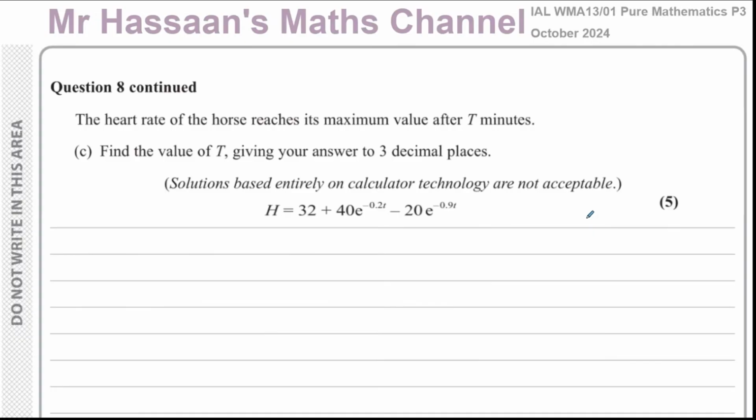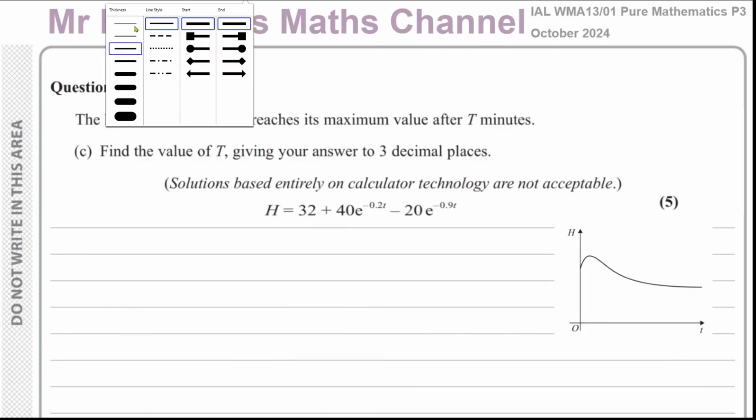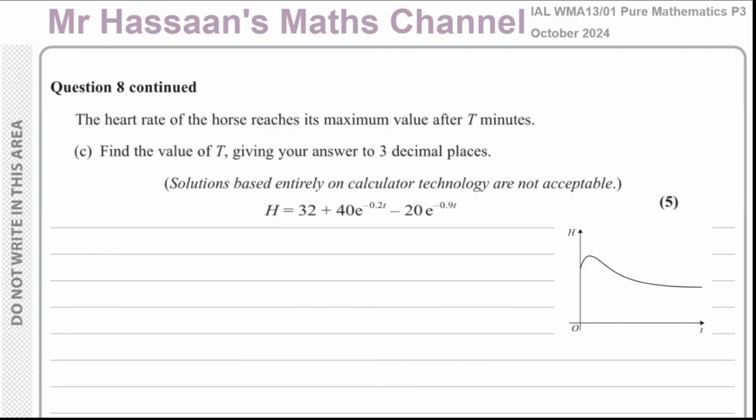Now for part C, it says the heart rate of the horse reaches its maximum value after t minutes. Find the value of t, giving your answer to 3 decimal places. The maximum value, as we can see from the graph, is the point at which the curve turns, this point over here.